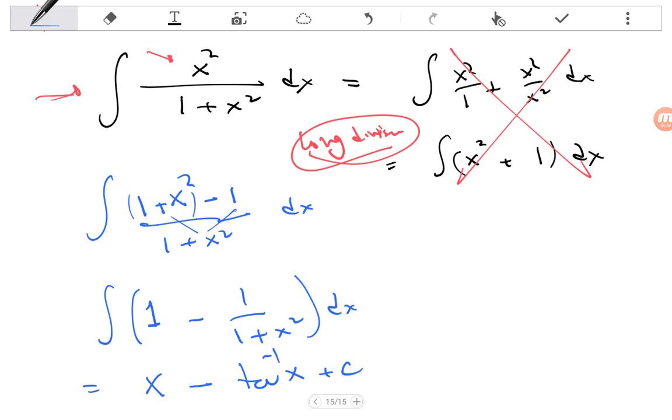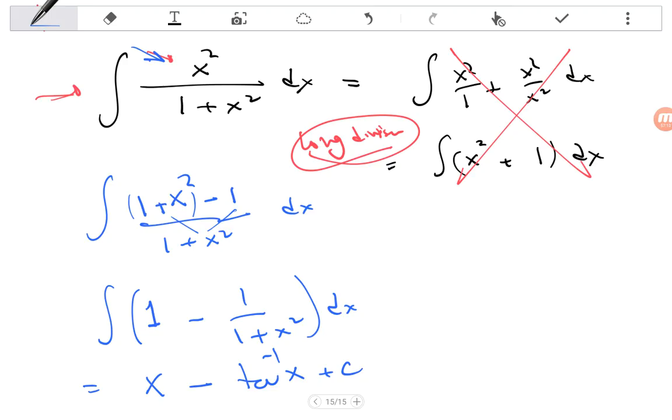Okay? So one of the main skills that I must have, that I must detect whenever I have a rational function. What is a rational function? If I have a polynomial over a polynomial.